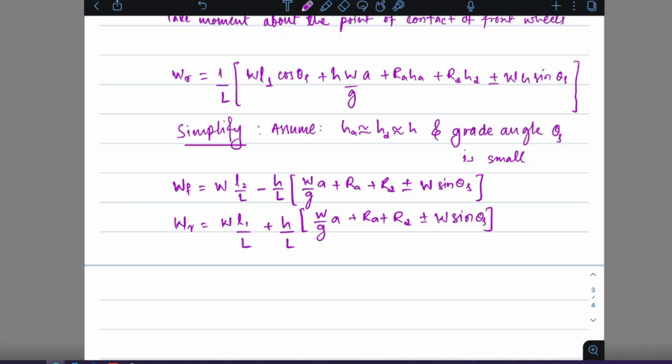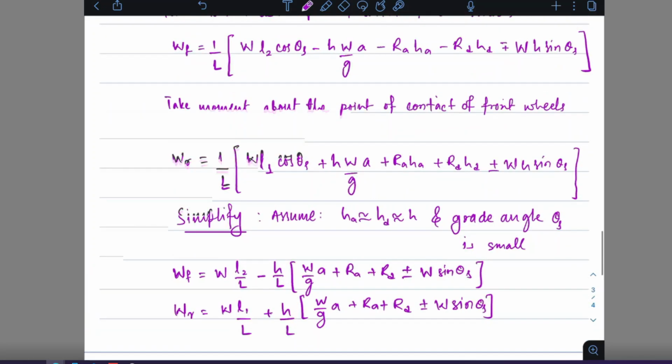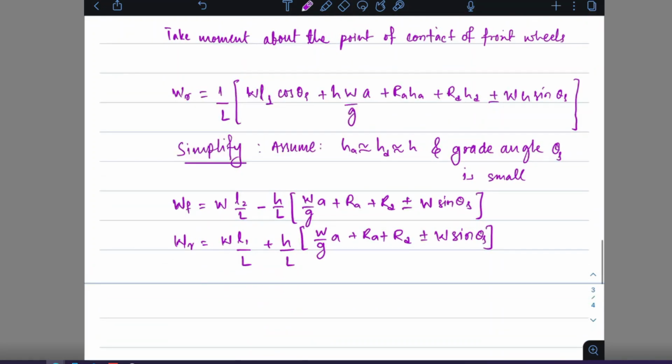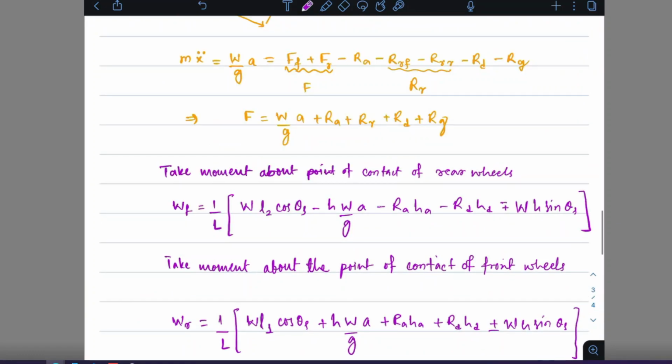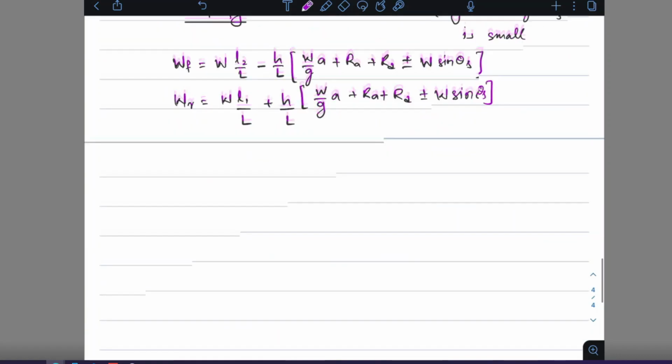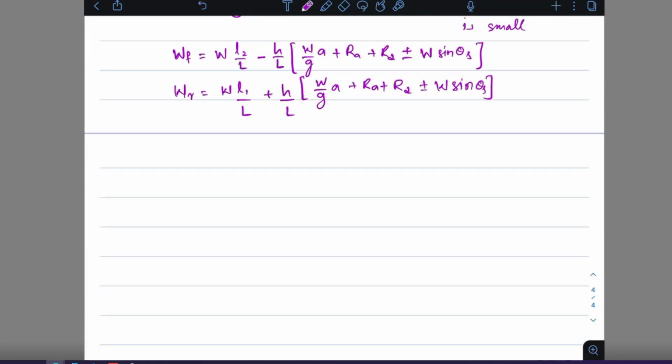Okay, so what we see inside this bracket is essentially this expression, but without the rolling resistance term. So we can write this same expression again with net traction force.